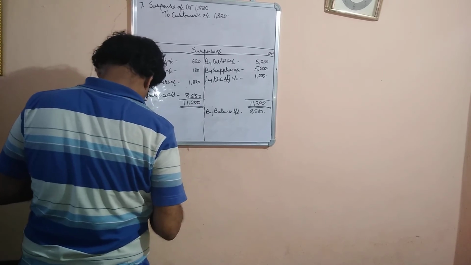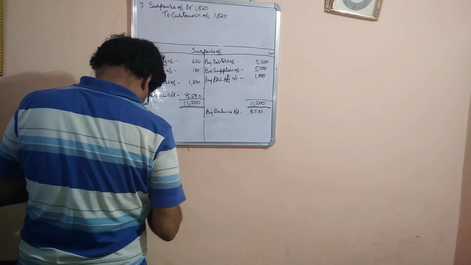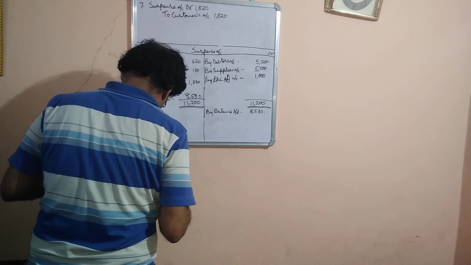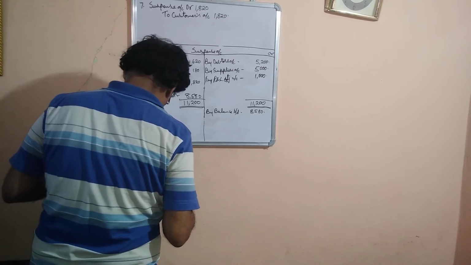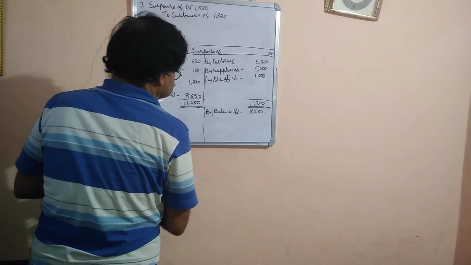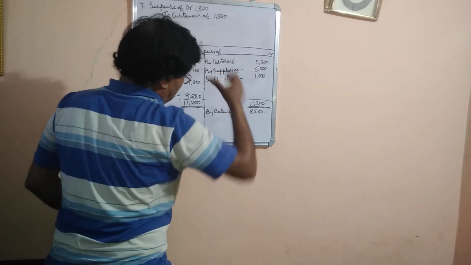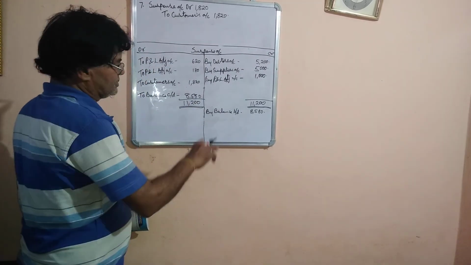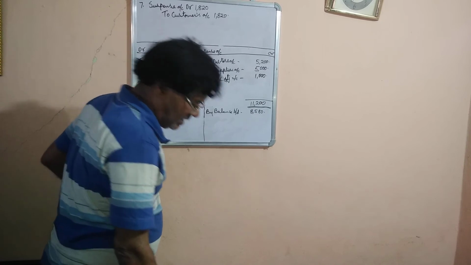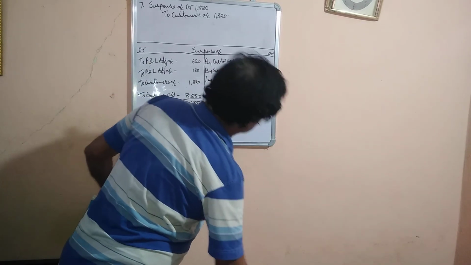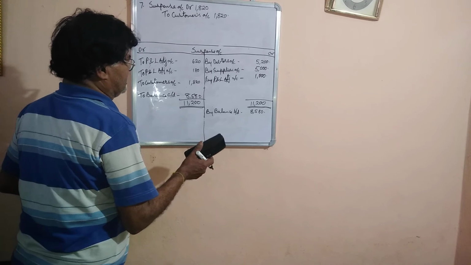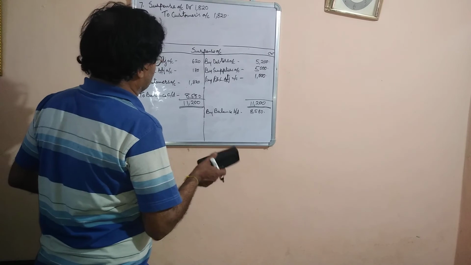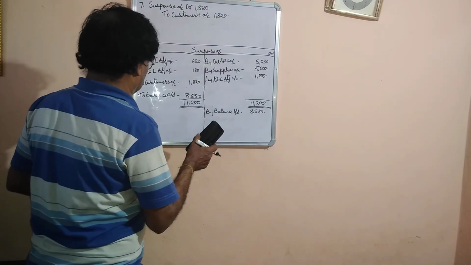Okay, this is how you will come across this. This is the suspense account, and the suspense amount of 8,580 is still to be rectified. Now we have to prepare the profit and loss adjustment account because we are taking that in this year. So what are the things that we come across in the profit and loss adjustment account? We have to see that.